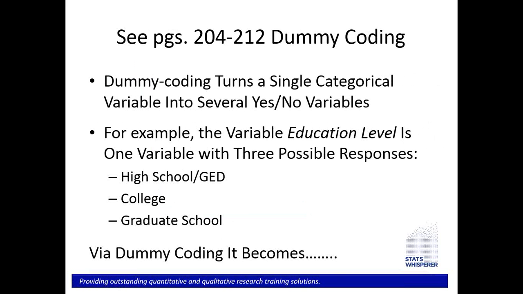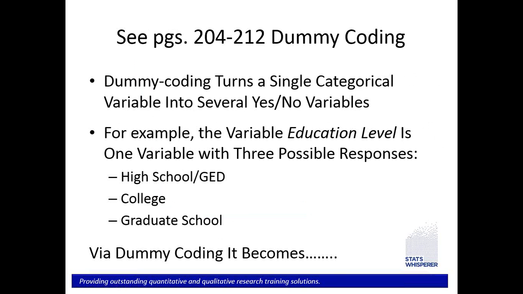Remember when we did our data entry week and we did our recoding, our reverse coding? Well, that same recoding is done to dummy code our variables. See pages 204 to 212. So dummy coding turns the single categorical variable into a series of yes/no variables.